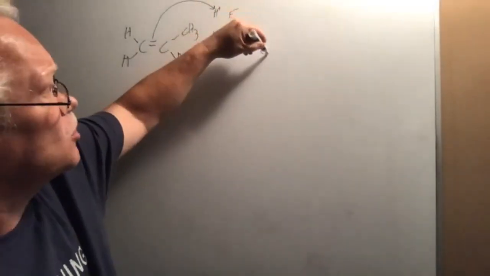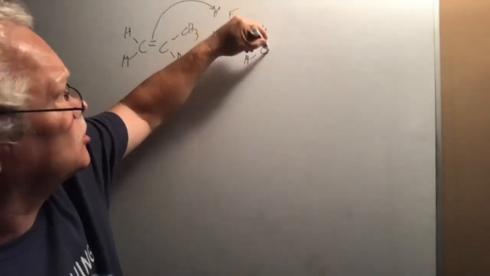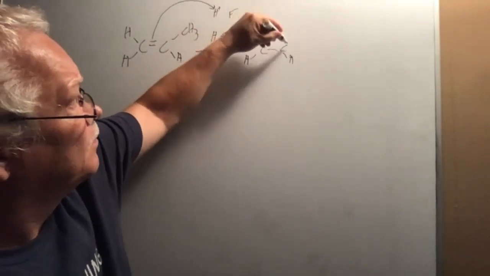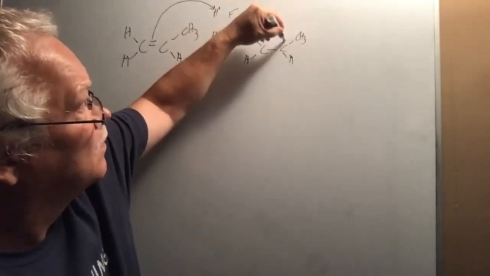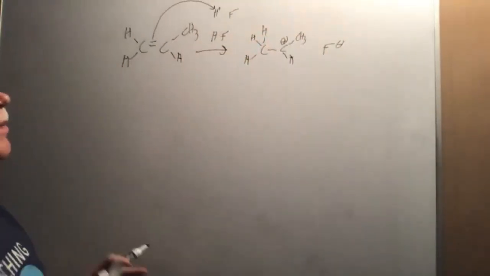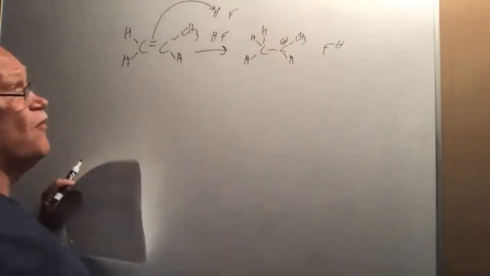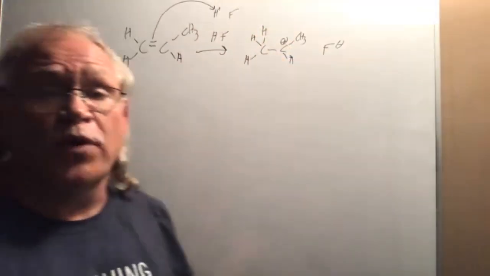Now notice what's going to happen. The H is going to attach to this carbon to form this carbocation. Notice by attaching to this carbon, we form the more stable carbocation.